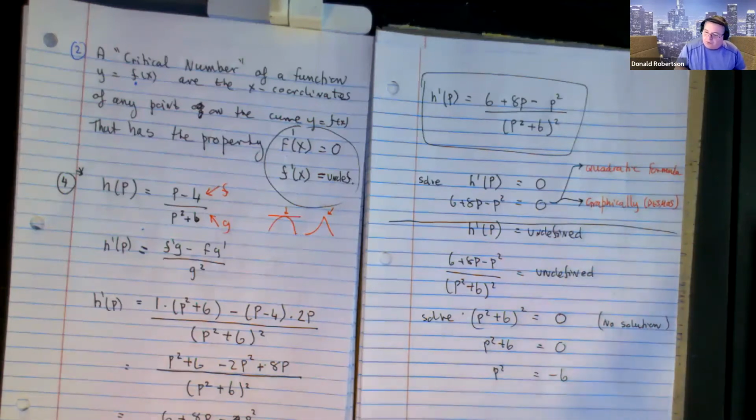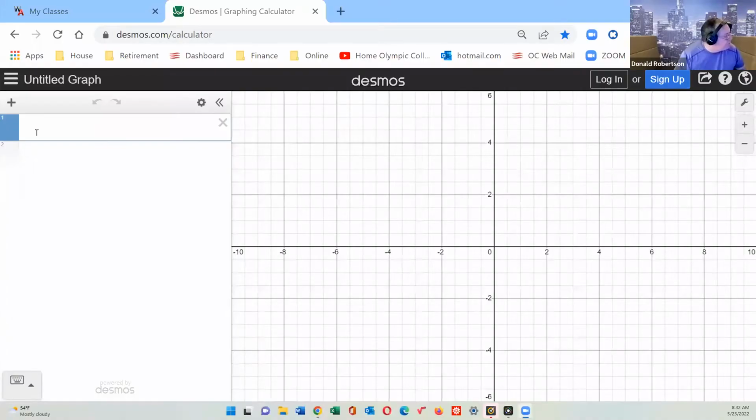So we can't say 1.414, right? We got to say square root of 2, right? So it may or may not be able to handle that. So let's take a wee look and see what it is. And if it makes it, then we are good. And if it doesn't, then we'll have to resort to that horrible quadratic formula.